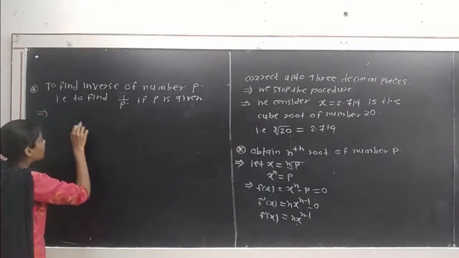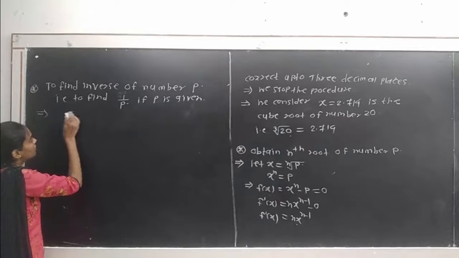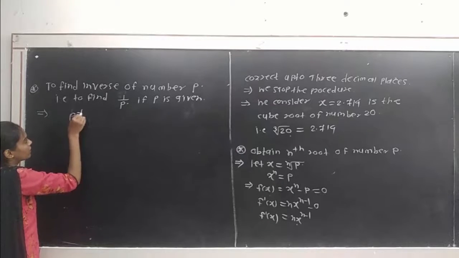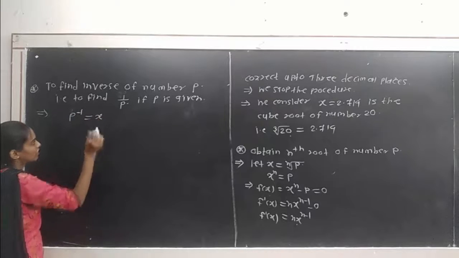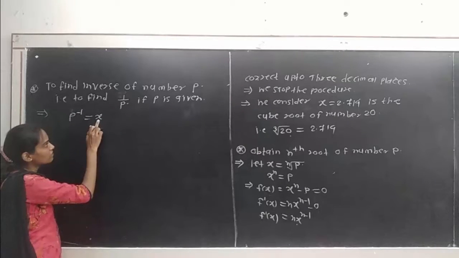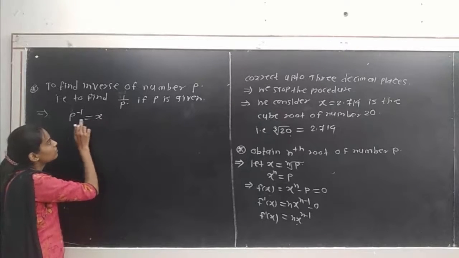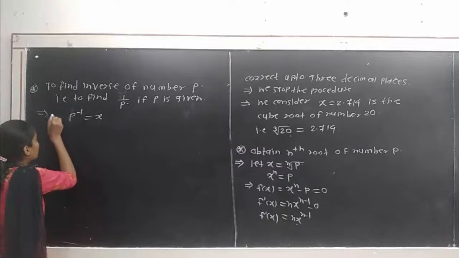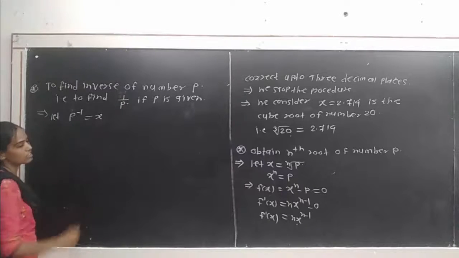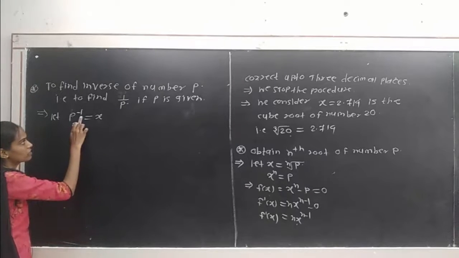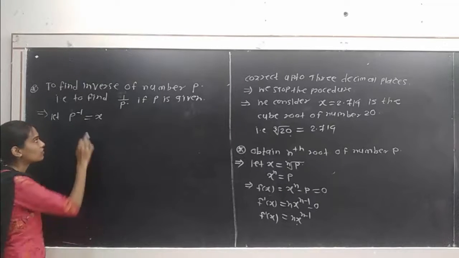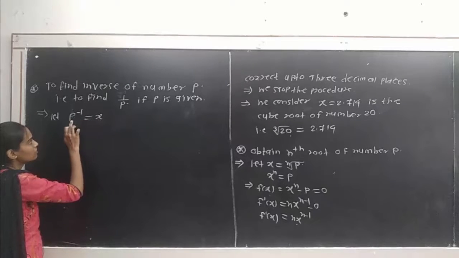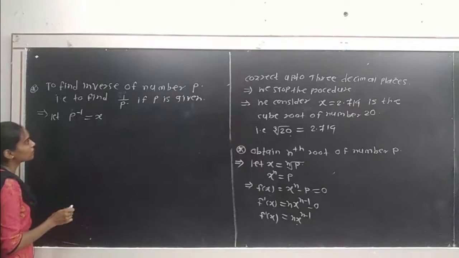Here again we take 1 by p, or p inverse is equal to x, that is, we consider x to be the inverse of number p.